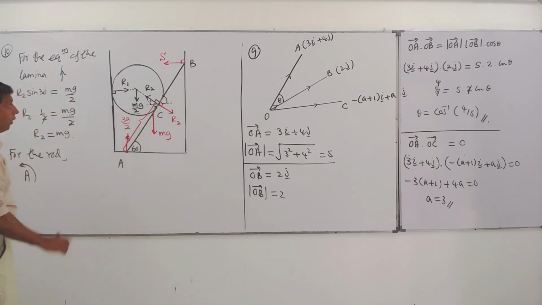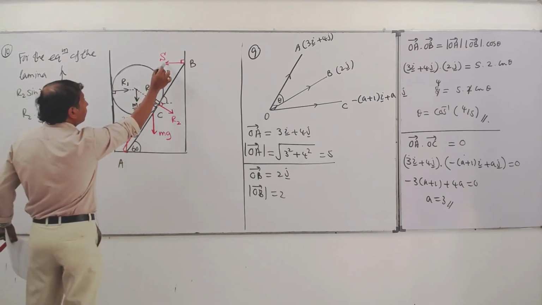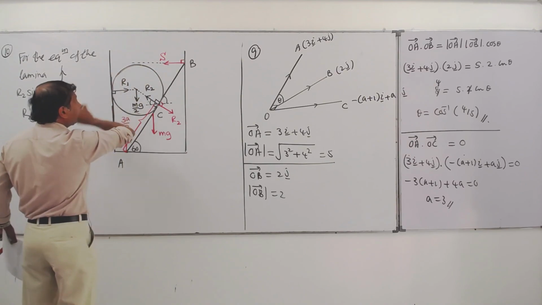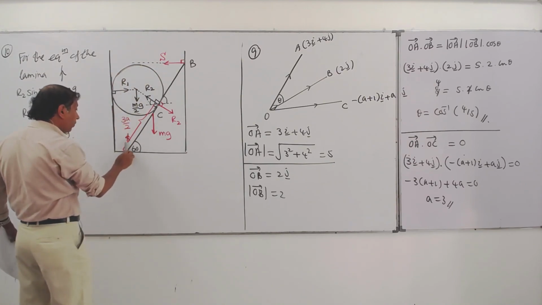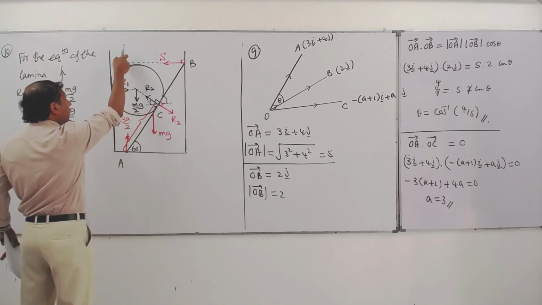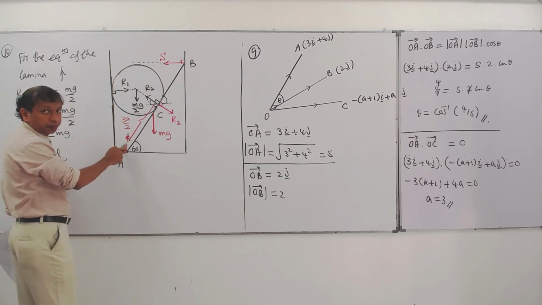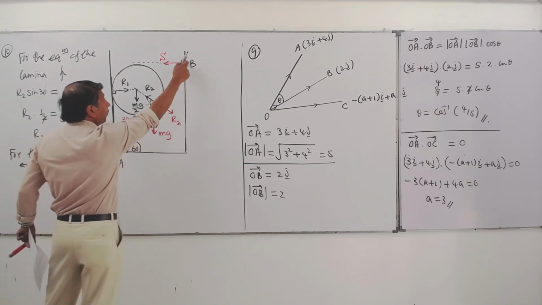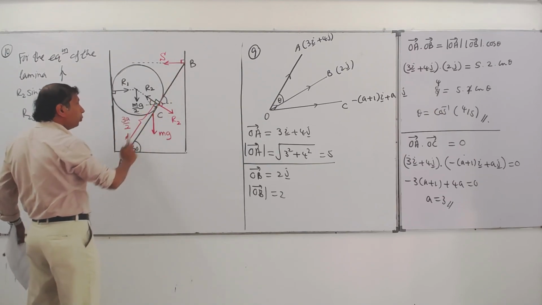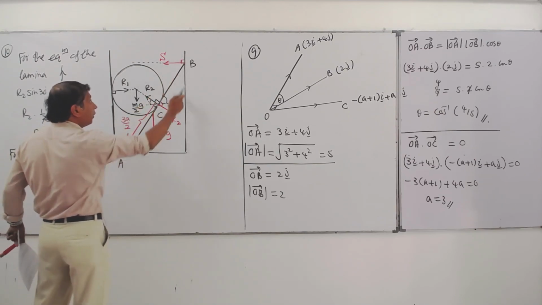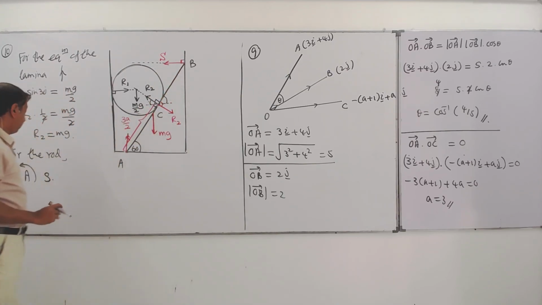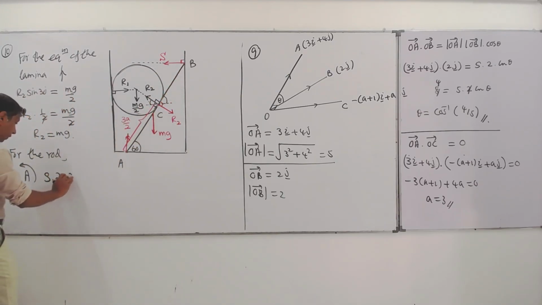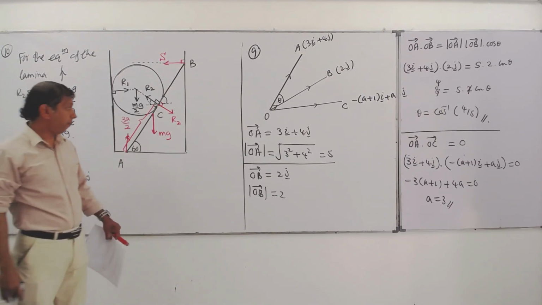S times, when we produce this way, people, the line of action of S, and when we drop a perpendicular to that, this perpendicular height only we need. That means this height. It means this is 2a, this is 60, 2a sine 60. S into 2a sine 60. Correct, no? 2a sine 60.